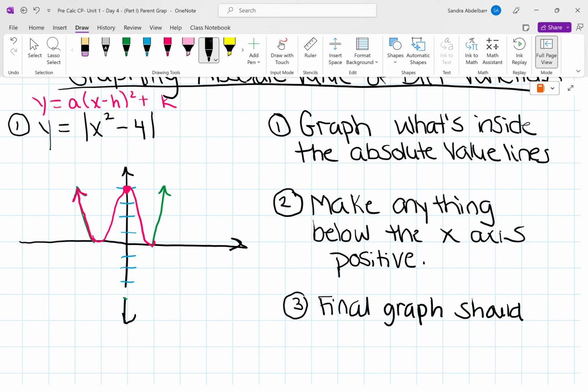Final graph should be above the x-axis. Yes. So this only applies for the y, because what if it's like -3 on the x-axis? Well, you're allowed to have a negative inside the absolute value, right? Yeah. So that's fine.